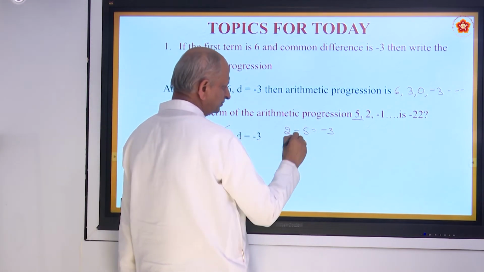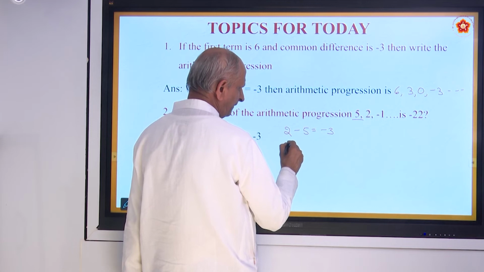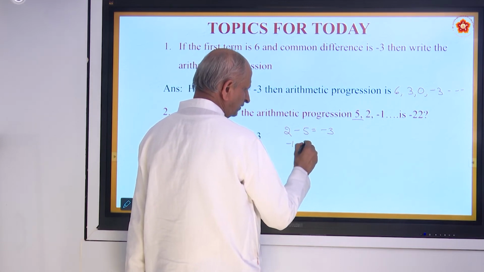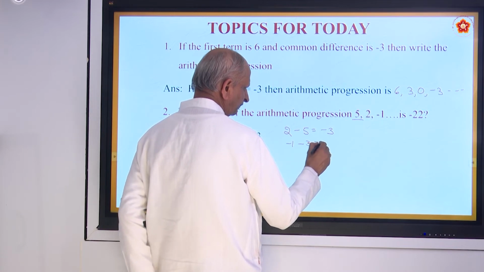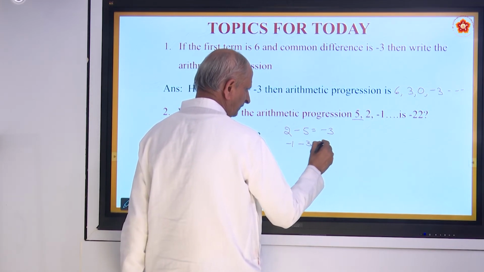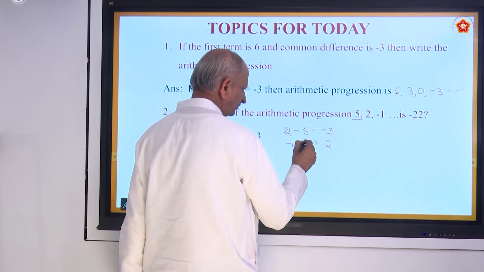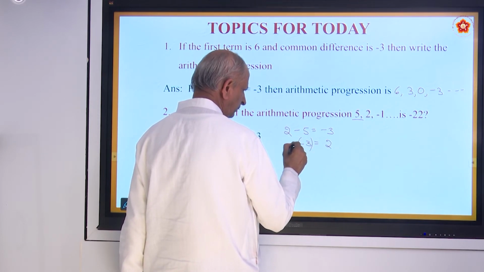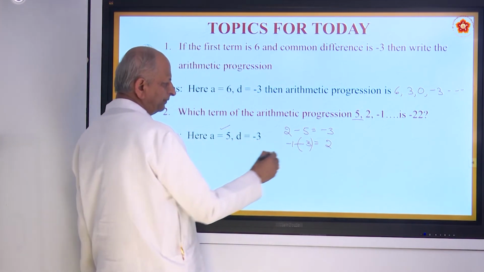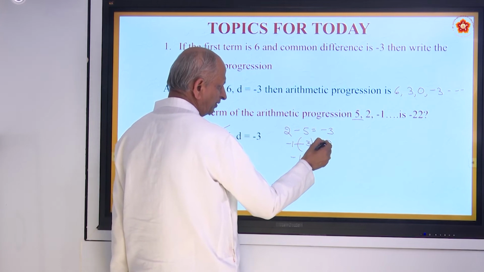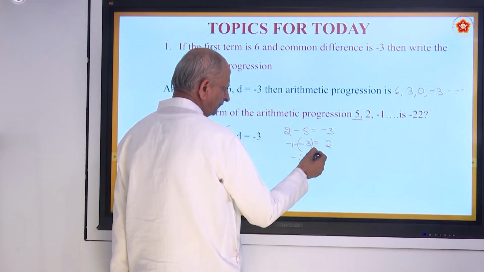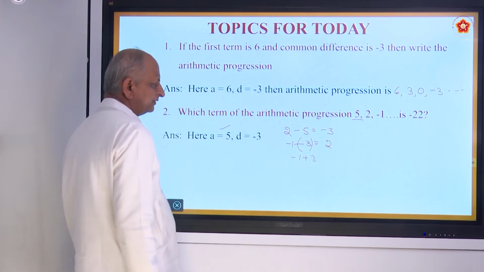And then suppose you take minus 1 minus 3, becomes plus 2, minus of minus. So becomes minus 1 plus 3 is equal to plus 2 you get, is it not?